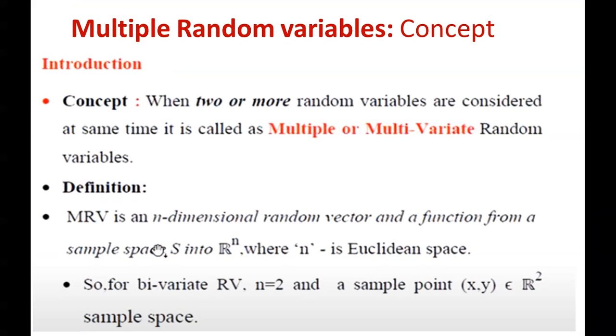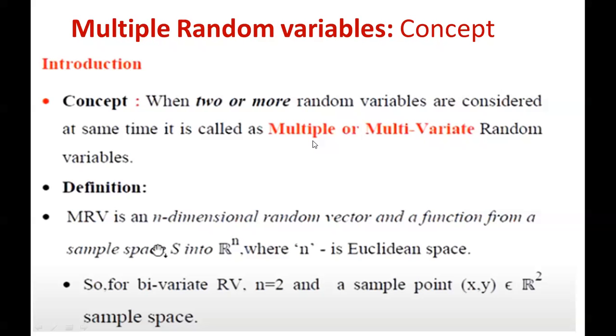So let us begin with the concept of multiple random variables. What do you mean by it? When 2 or more random variables are considered at the same time, it is called multiple or multivariate random variables. In the first module, we studied single random variables, where we considered only one random variable. But in this module, we will be considering 2 or more random variables.